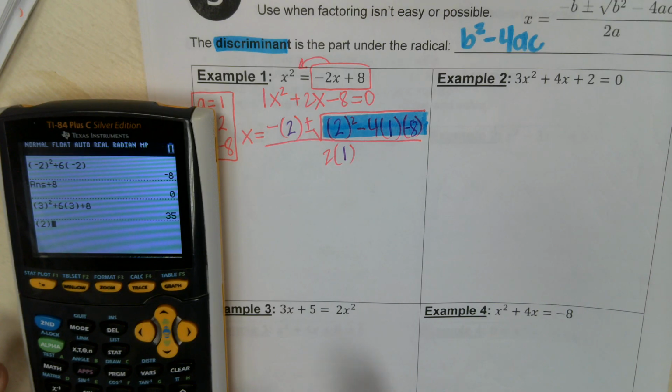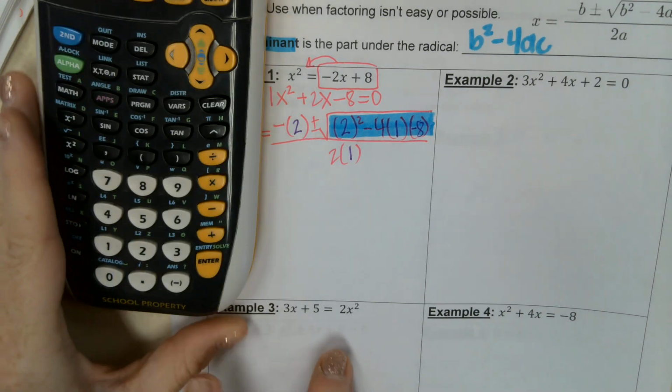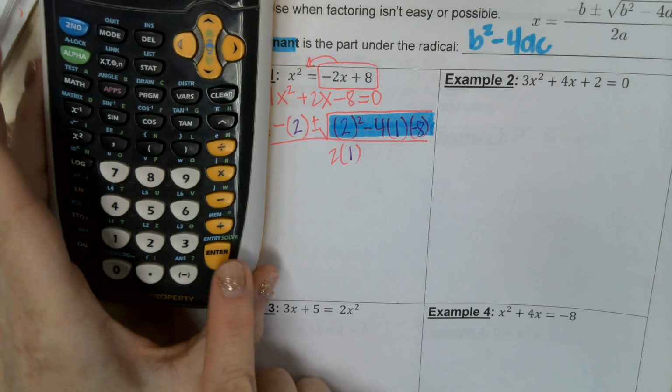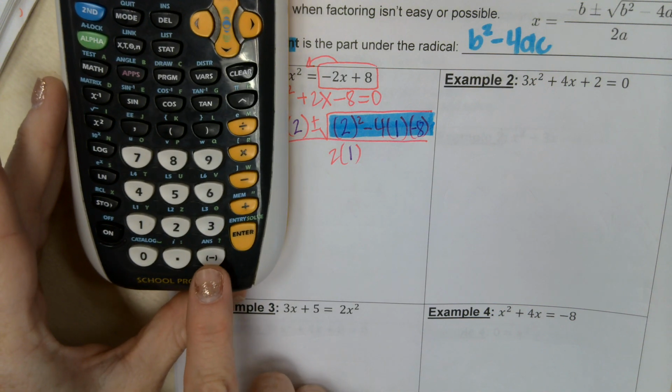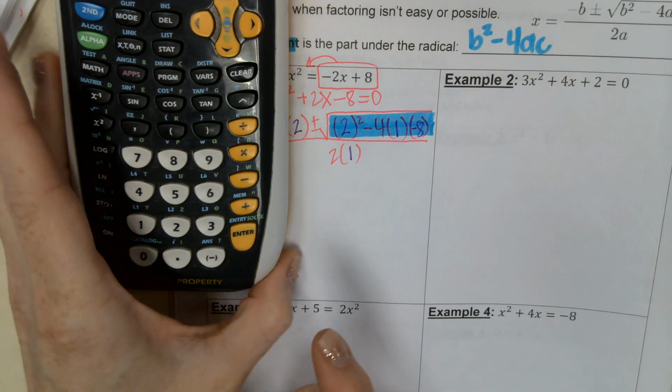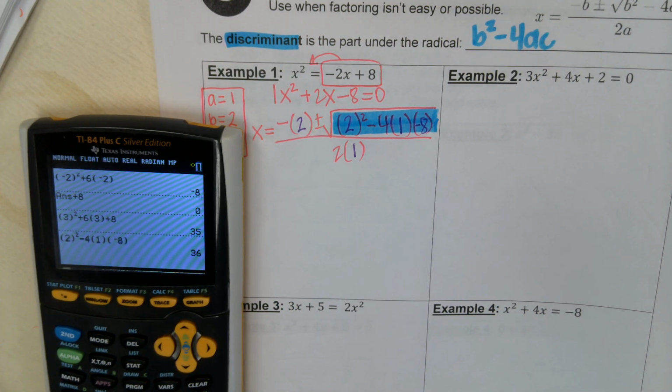So I've got 2 squared minus 4 times a times c. Now, once again, I'm using the minus for minus 4ac. But for my negative numbers, I'm using this negative key, okay? And that gives me the number 36.